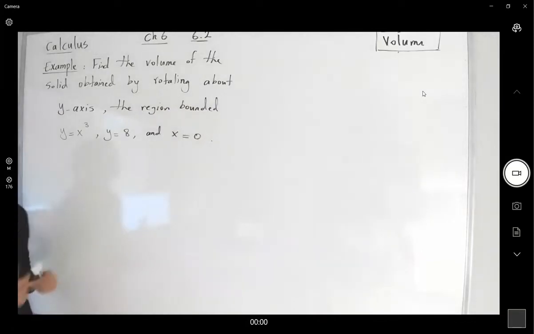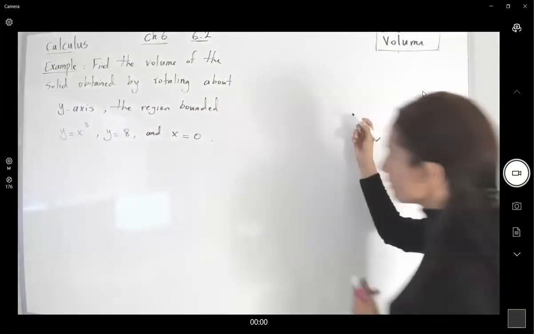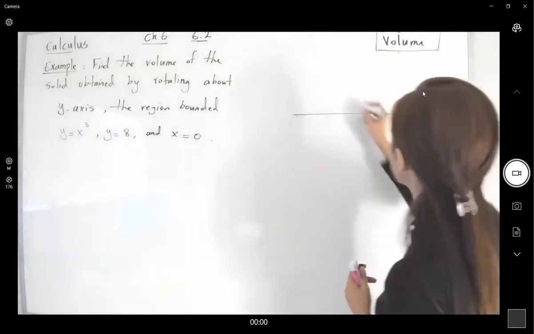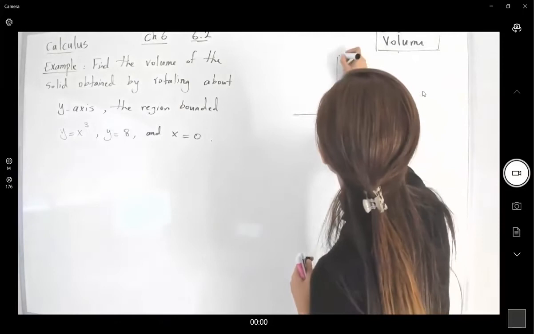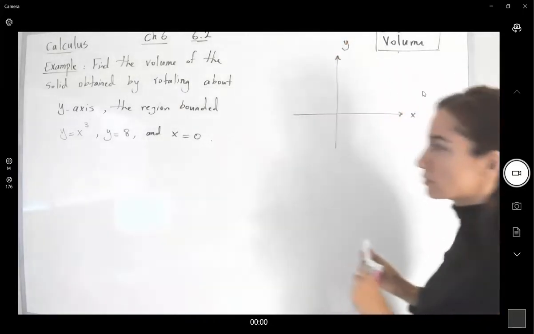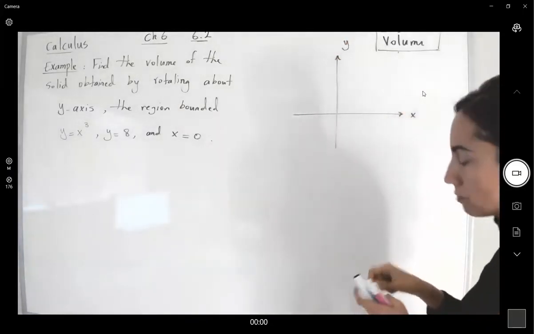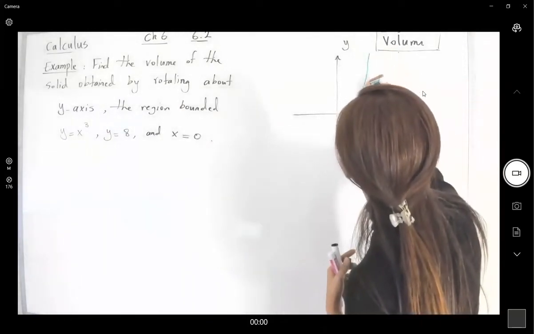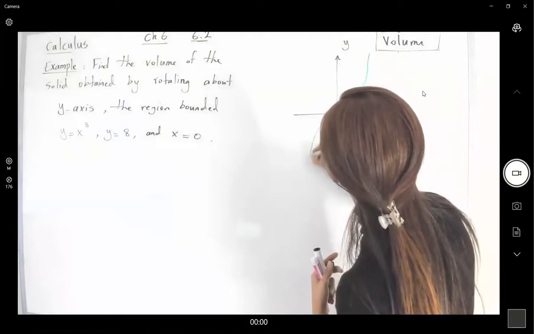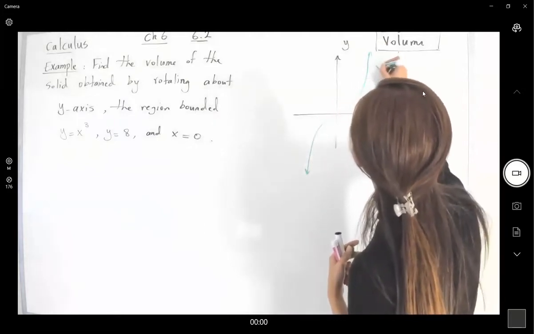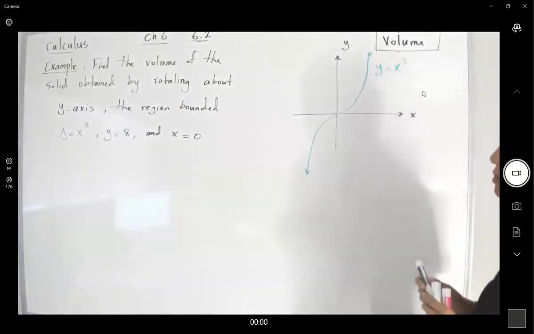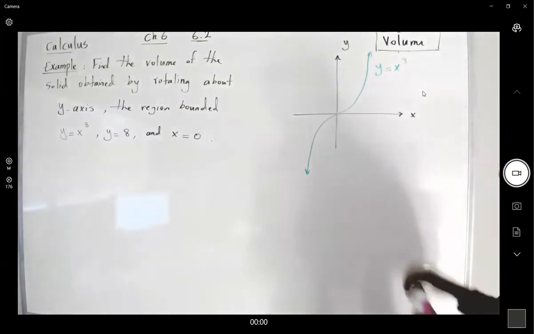Okay, what's the graph like? Let's take a look at the graph together. Here you have the x-axis, you have your y-axis, and y equals x cubed. This is y equals x cubed. And then you have y equals 8.